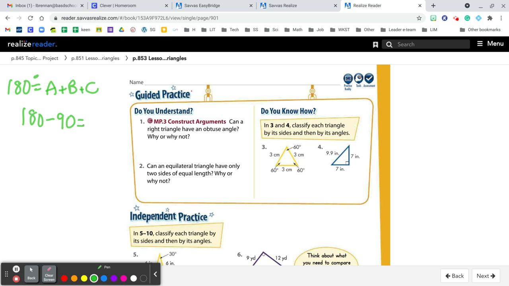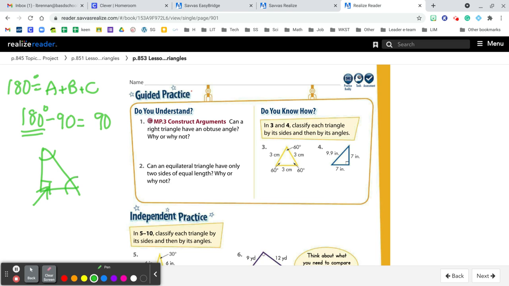If the total measurement of the sum of the interior angles of a triangle is 180 degrees, and we take out the right angle, we're going to be left with 90 degrees. So the other two angles are going to have to equal 90 degrees. And to be obtuse, you have to be bigger than 90 degrees. So that is a no.